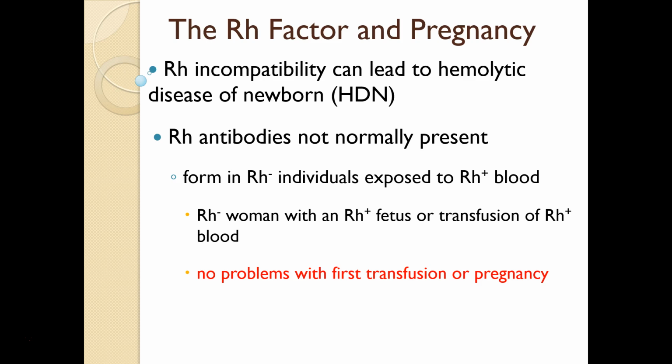The person first has to be exposed to those antigens before their immune system starts to make antibodies. So you never have to worry about a person who is RH positive. If a person is positive, you know they don't have the what? RH antibody. They won't ever have the RH antibody.